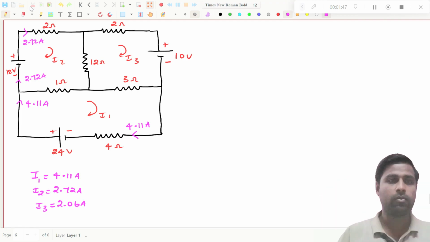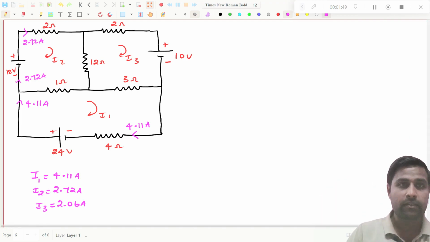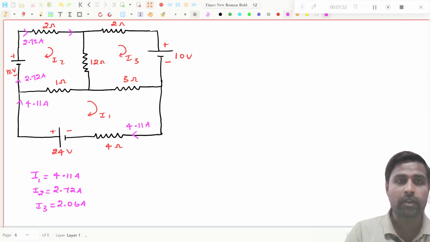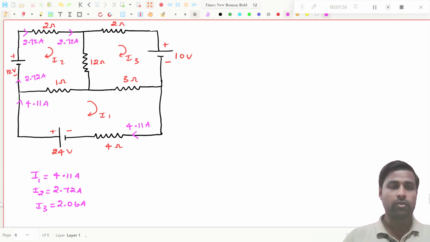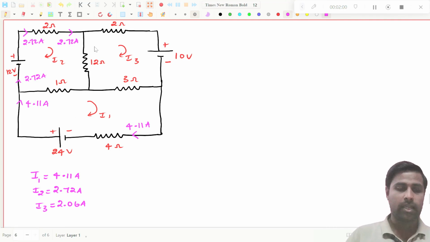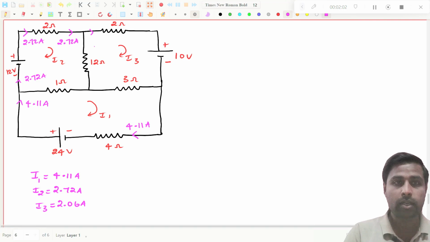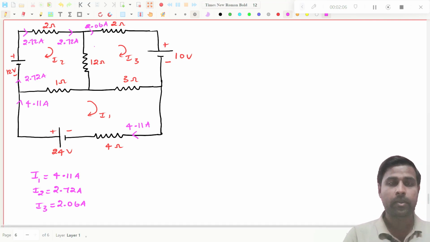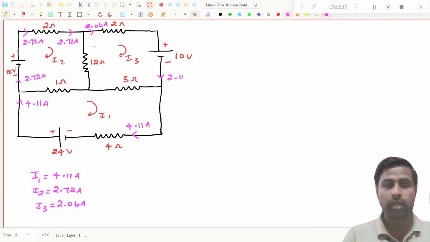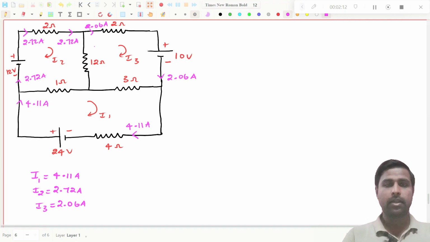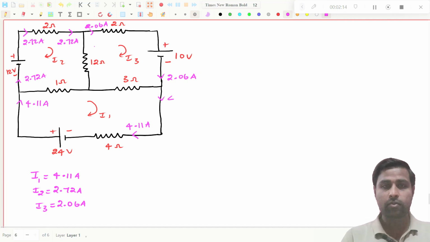Anyway, I will draw this current value here so that you will understand. Now you see what I3 is, that is 2.06. I3 will flow here, so it will be 2.06 amperes, and it will also flow here, 2.06 amperes, and this current will be 0.11 amperes, right?